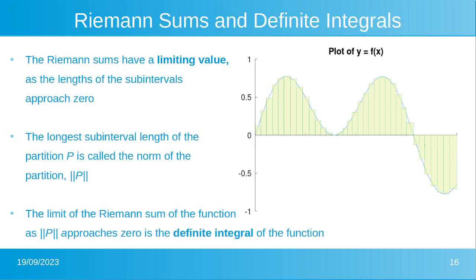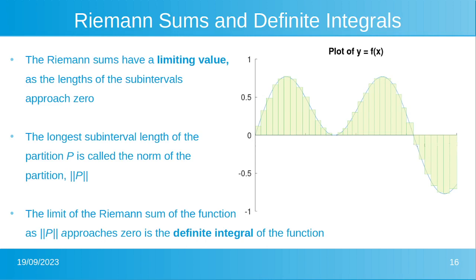The Riemann sums have a limiting value as the lengths of the subintervals approach 0. The longest subinterval length of the partition P is called the norm of the partition, and we write it as the capital letter P between two pairs of parallel lines.